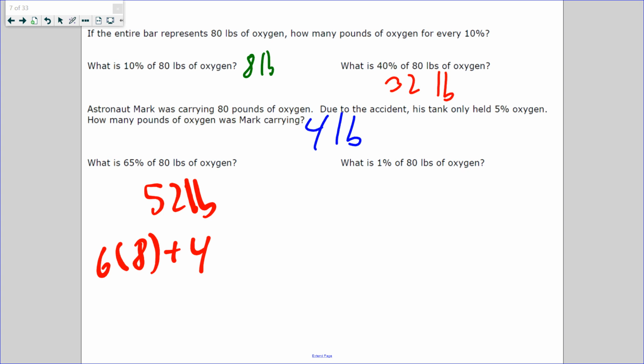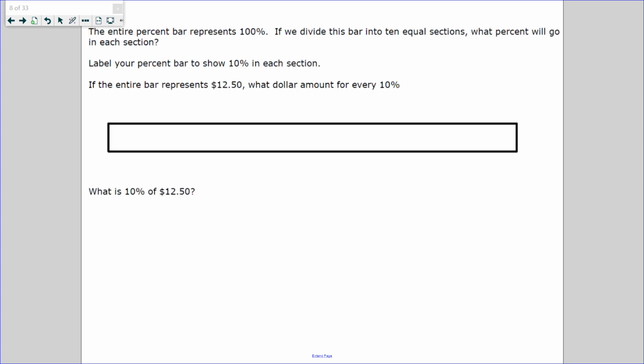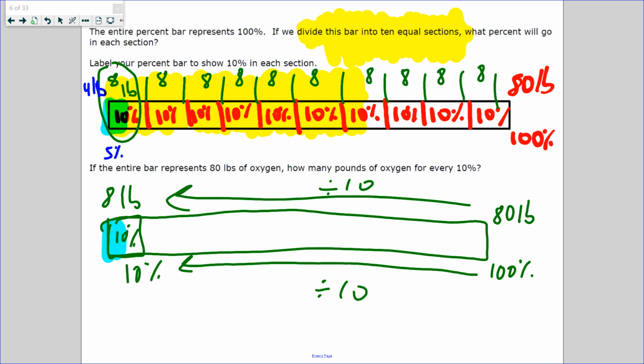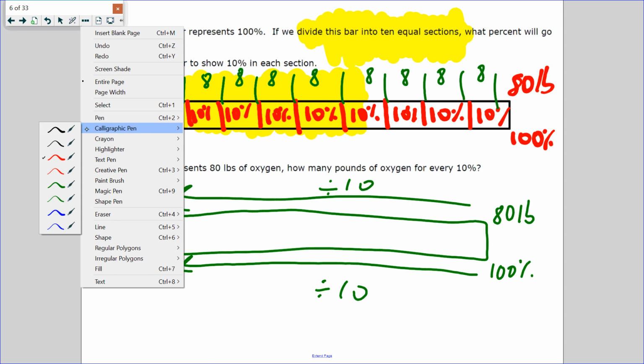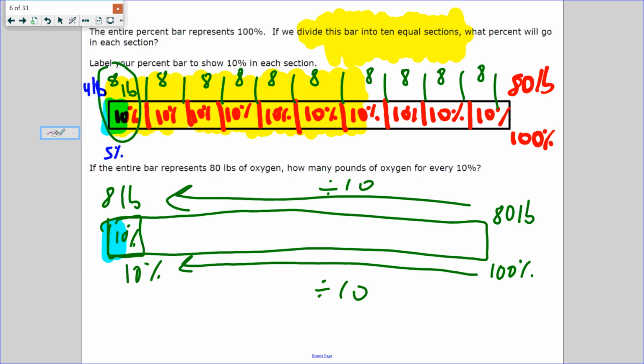And then what is 1% of 80 pounds? Looking at this again, we broke this into 10 sections. What if I had to break this into 100 sections, to 1%? Let me use a different marker. I'll use purple. That means I'm going to break this into 100 sections from 100% to 1%.